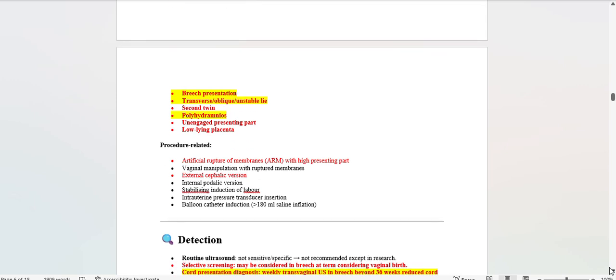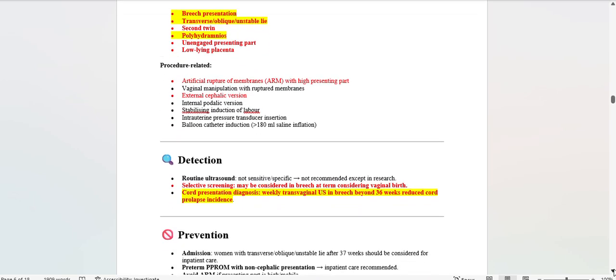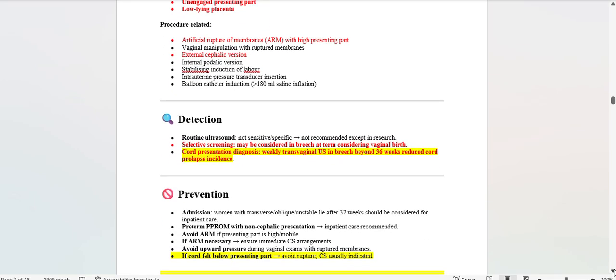Very important, remember that. Routine ultrasound is not sensitive or specific, not recommended except in research. Selective screening may be considered in breech at term considering vaginal birth. Cord presentation diagnosis, how we can detect it: weekly transvaginal ultrasound in breech beyond 36 weeks reduces cord prolapse incidence.